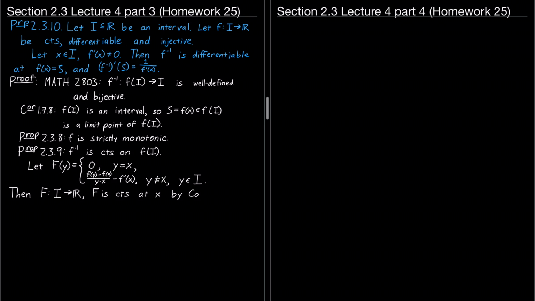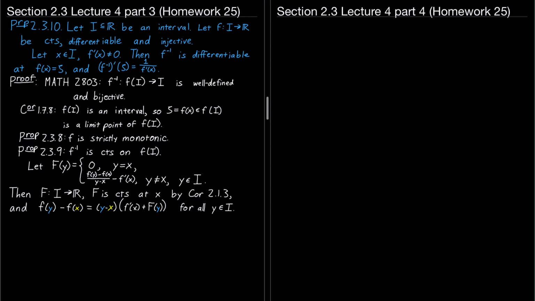So by corollary 2.1.3, we can write f of y minus f of x is equal to y minus x times f prime of x plus big F of y. And this is true for all y in our domain I.